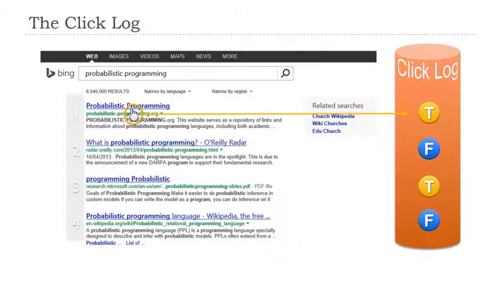These clicks are gold. They tell us everything that our ranking algorithms couldn't do, because it's people. We'd love to be able to use them to improve our search engine. The naive thing you might think is, if you click on something, then we should boost it. But there's a couple of problems with that. One is you're more likely to click on things at the top than at the bottom, so even if there's a great result at the bottom, you might not click on it.